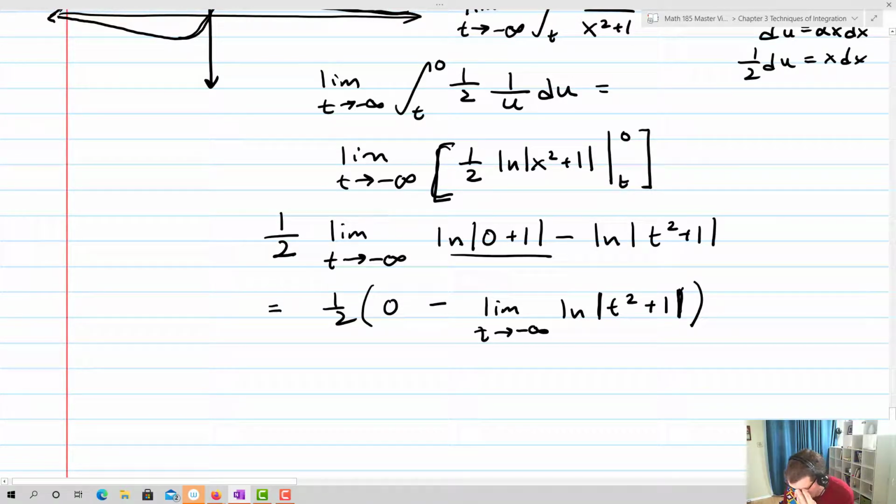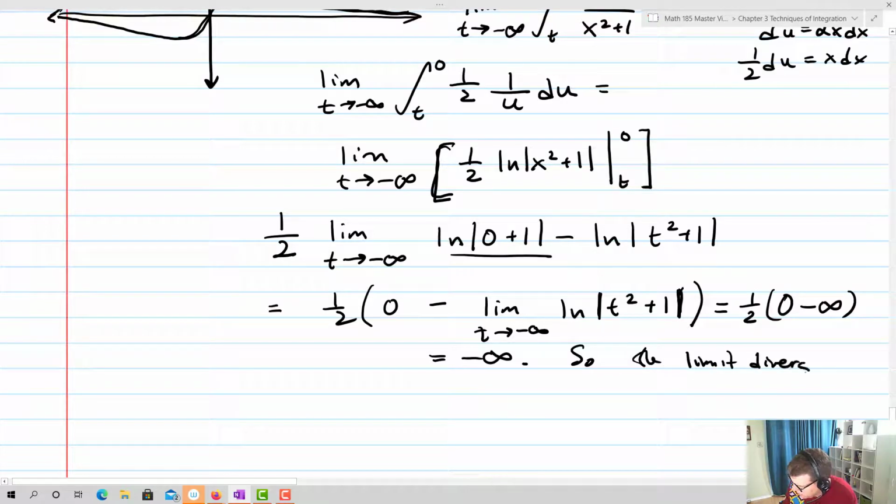And so consequently, this is going to end up being 1/2 times 0 minus infinity, which is equal to negative infinity. So the limit diverges, and the integral does not exist.